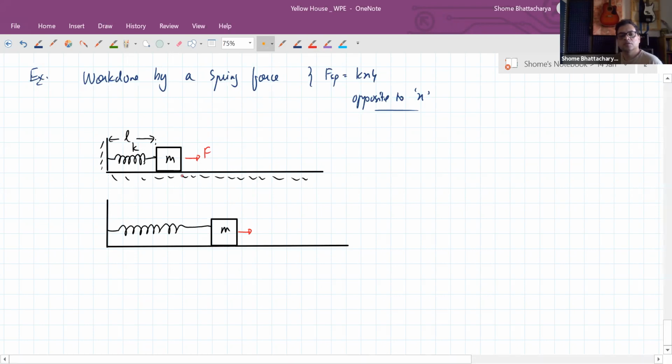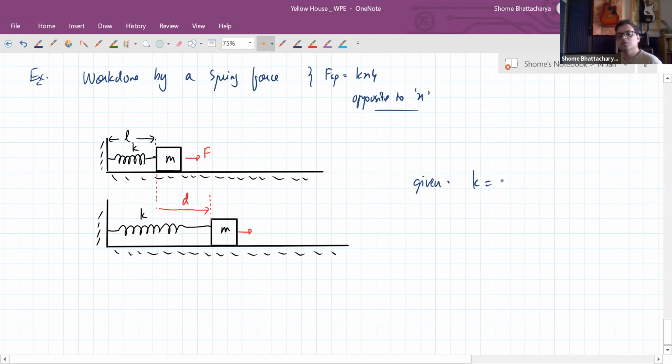So let's say the block has got displaced by D like this.